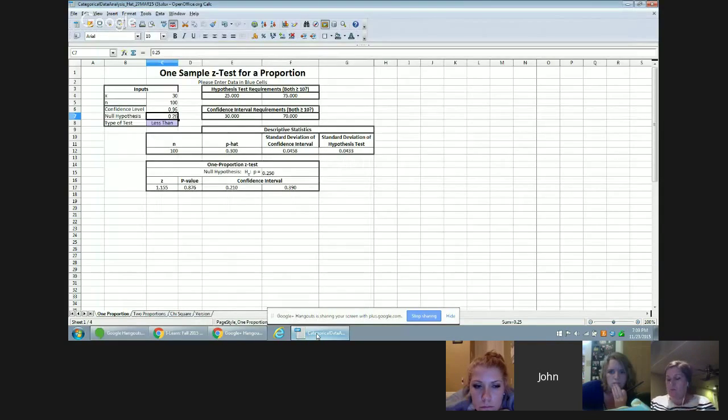Well, it's less than. We're trying to find out if it's less than 0.25. So you guys take the 0.25 minus the 0.30 equals negative 0.05, and you said divide that by 0.046. Oh, you know what? You're right. Mine is negative 1.087.